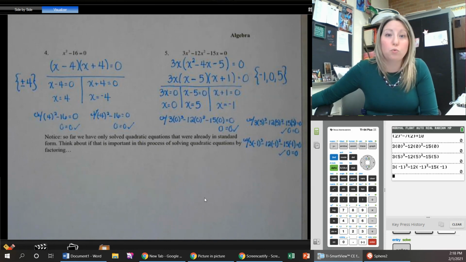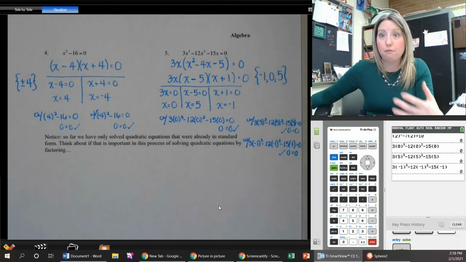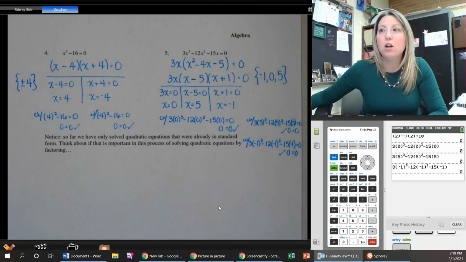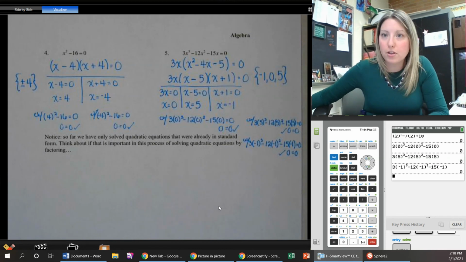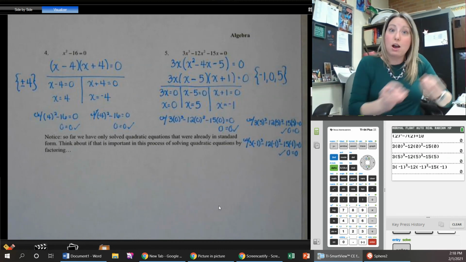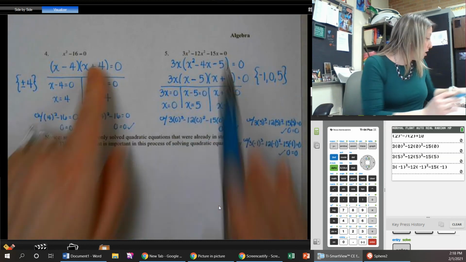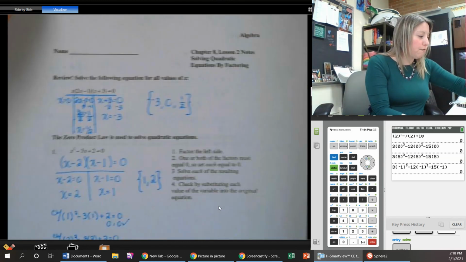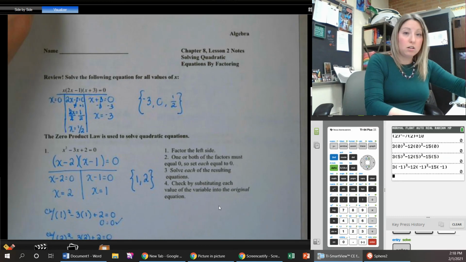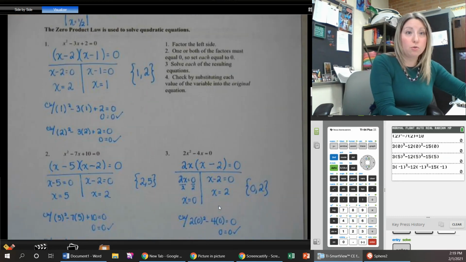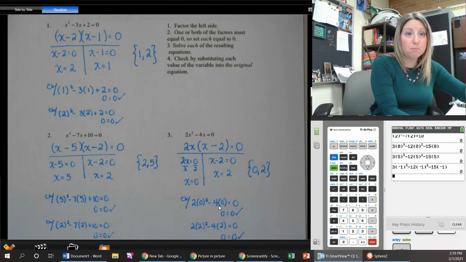Noticing difference of 2 squares, noticing GCF, noticing when you have to factor completely, right? So picking up on those patterns we were focusing in on in chapter 7 about factoring, and now using that in this equation setting. Everything will already be in standard form. So I want you to follow those directions, follow that procedure each time.